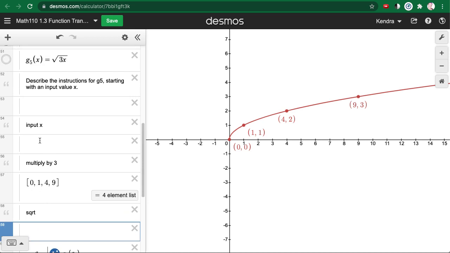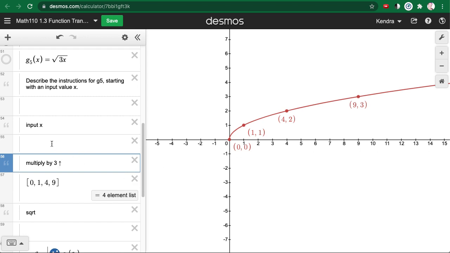But I have to figure out what I should input so that multiplying by 3 gets me to these numbers. And so that means I have to go backwards.